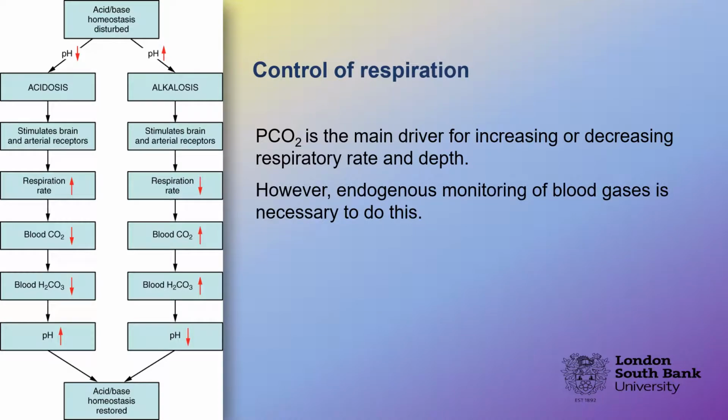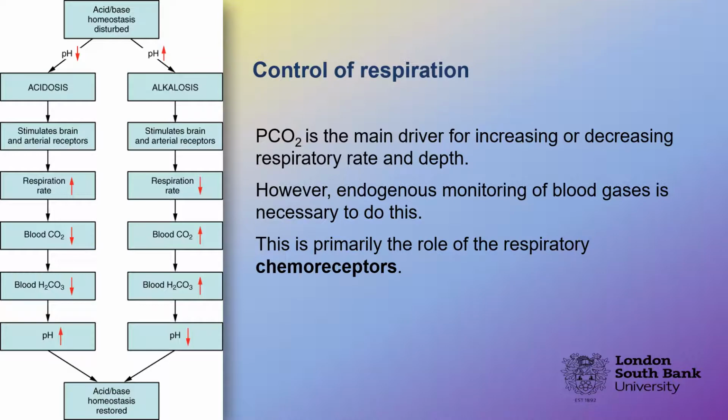However, the problem is we need to know that these levels are up or down. So we need some mechanism for monitoring our own blood gases, an endogenous system. This is primarily the role of the respiratory chemoreceptors.